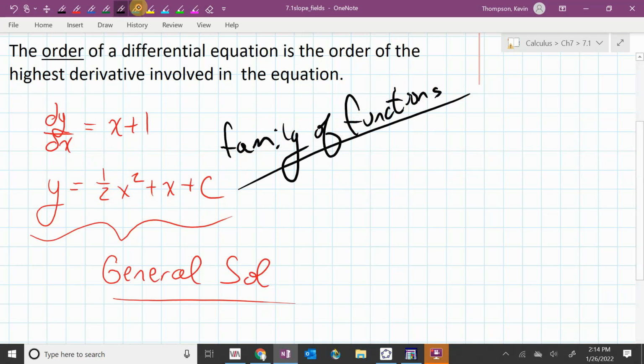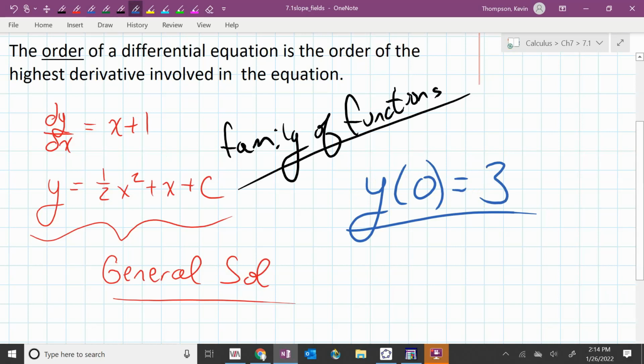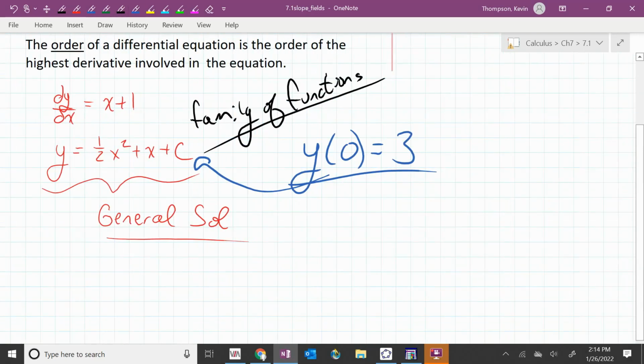Now, if I would say this, y of 0 equals 3, this information we were using previously to basically get C, right? And so if I do that, what is the solution now?